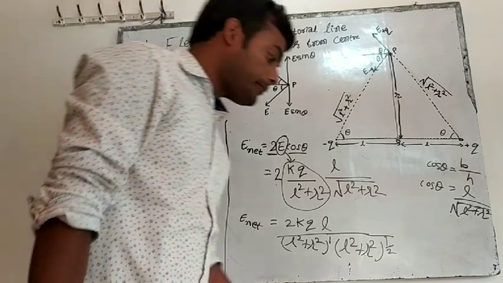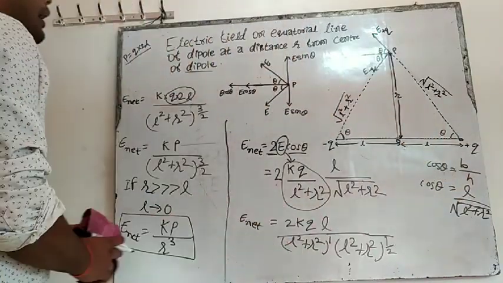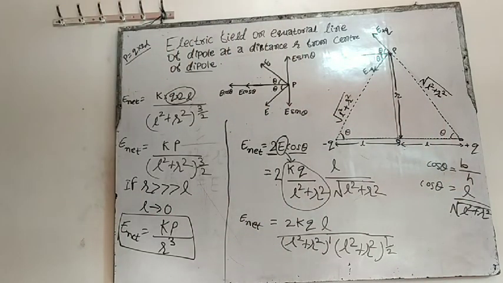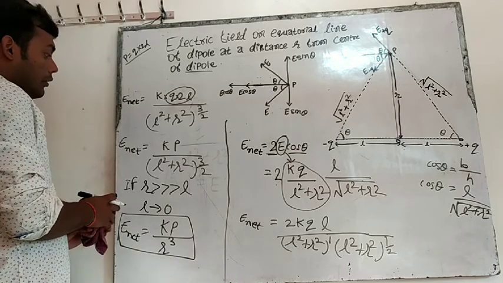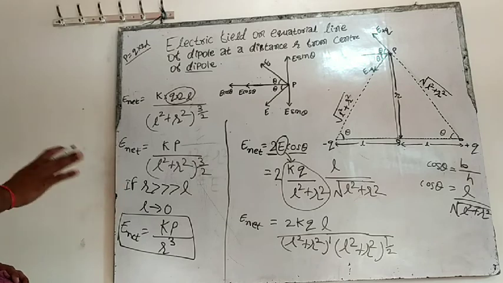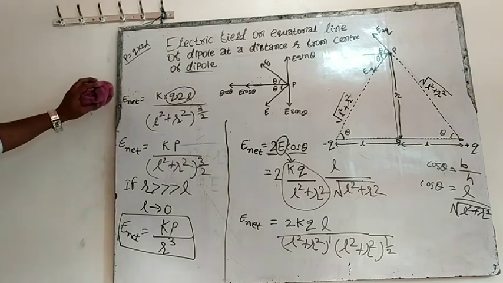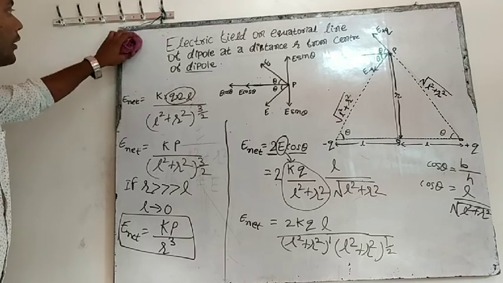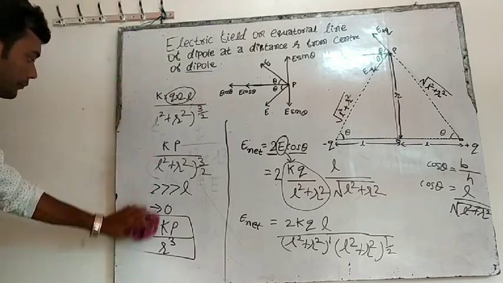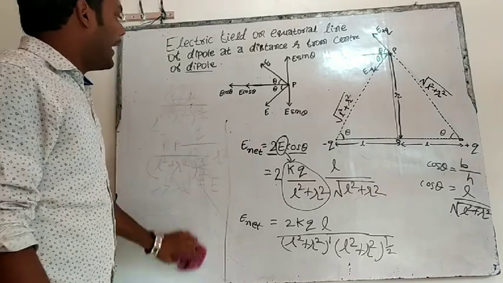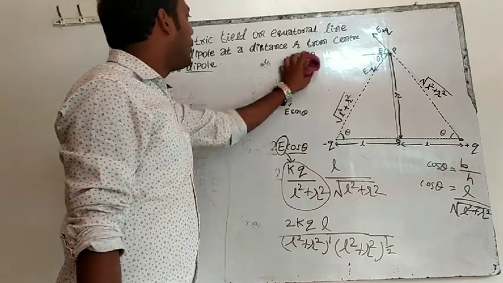So what is my formula? E net will be equal to kp by r cube. First, write everything, then I will elaborate. What was the formula of E net?